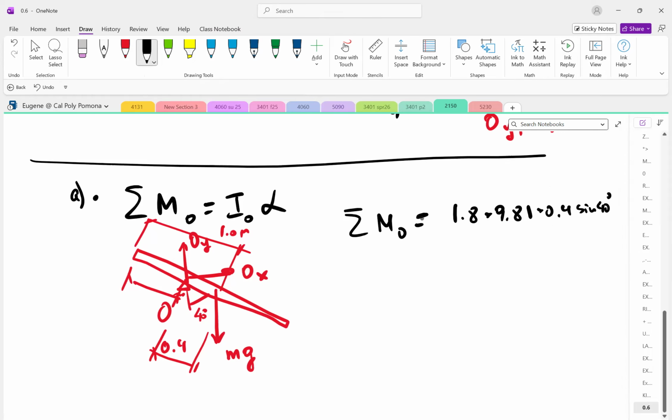Now, this is going to be minus because it's clockwise. And that's going to be 4.54 newton meter with a minus.